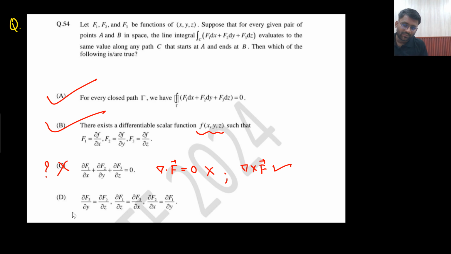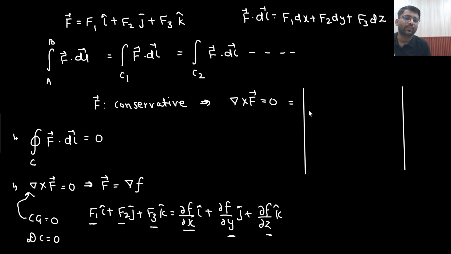They are doing something with function F only. That means I need to put curl of F equal to 0. So let's do it on the next page. First I am calculating curl of F. How will it look? i cap, j cap, k cap, del by del x, del by del y, del by del z, with F1, F2 and F3 in the last row, equated to 0.